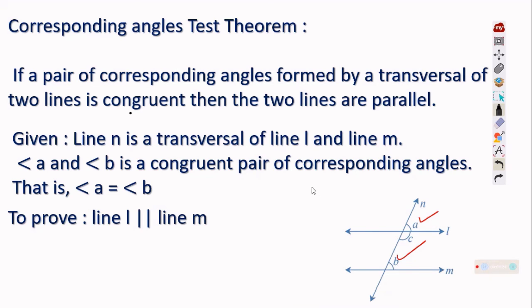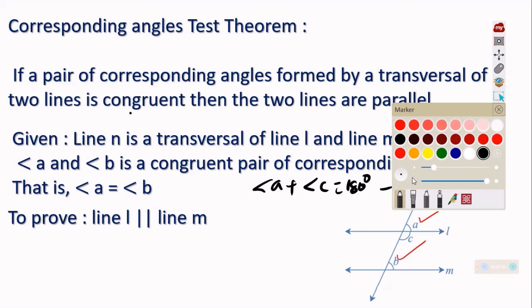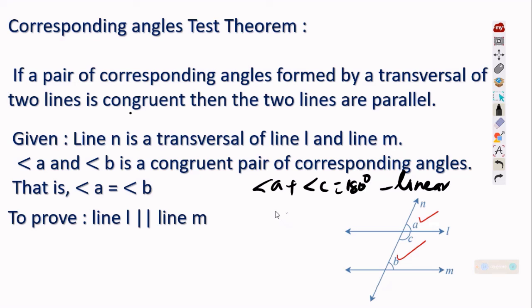We also can see that angle A plus angle C is equal to 180 due to the linear pair. And again, angle A is equal to angle B is given. So we can replace A with B. That means angle B plus angle C is equal to 180.